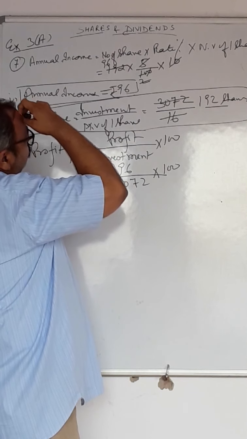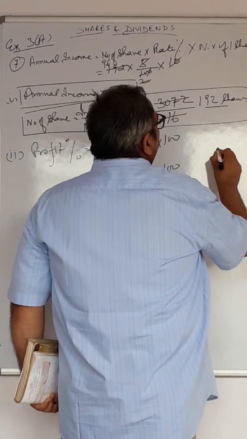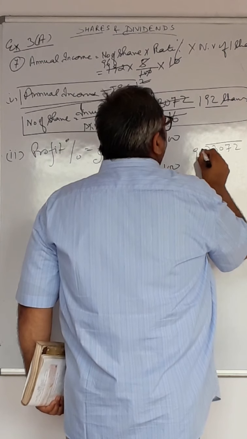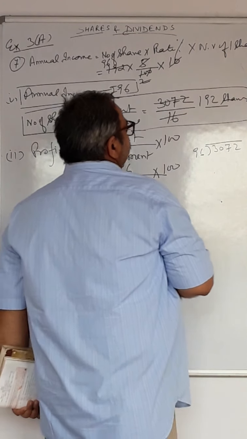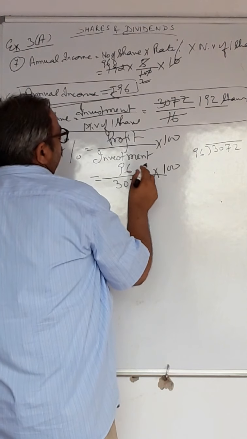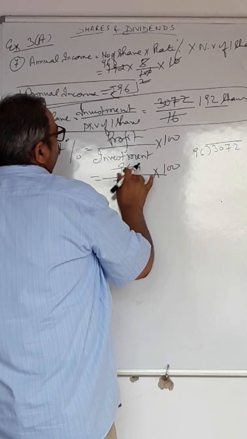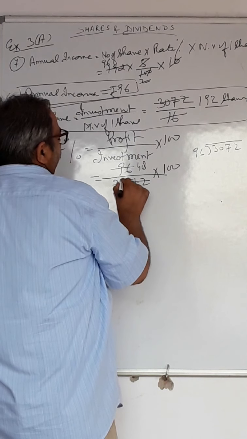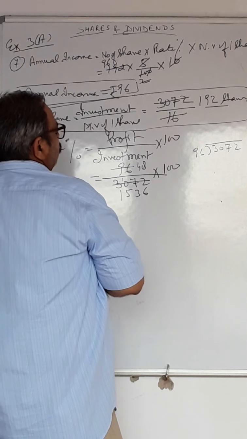You will get 3072 divided by 96. Or cancellation can be done. 2 4s are 8, 2 8s are 16, and so on.